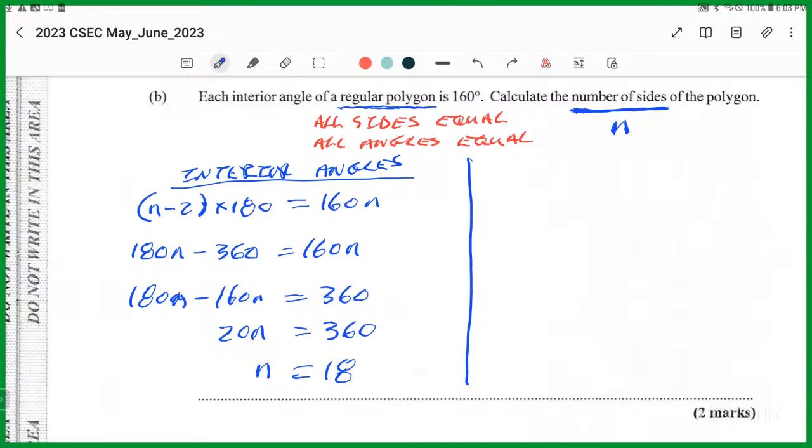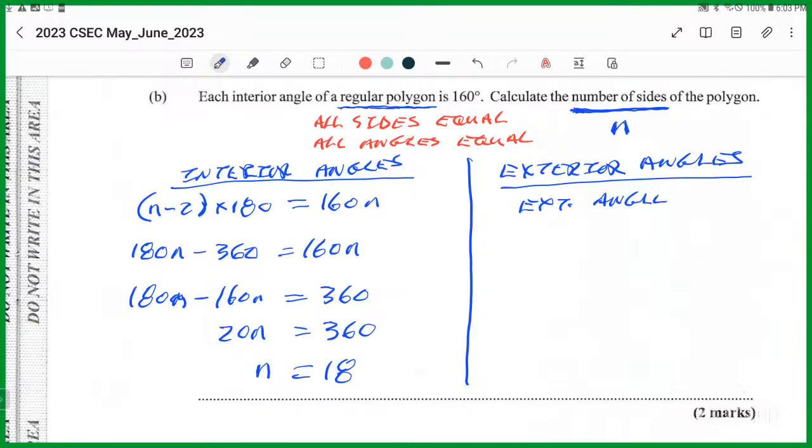Using exterior angle method. Exterior angle is equal to 180 degrees minus 160 degrees, 20 degrees.